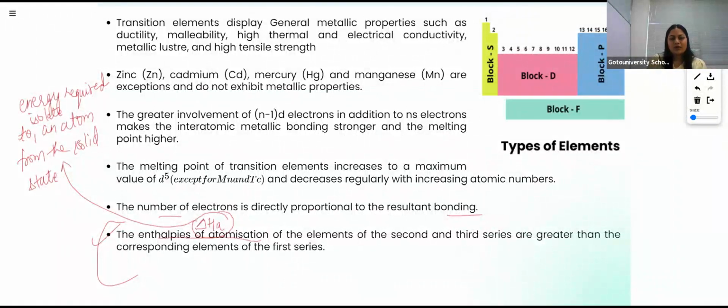So the enthalpy of atomization of elements of the second and third series is greater than the corresponding elements of the first series. Now why does this happen? If I draw the enthalpies here, for 3d elements the enthalpy of atomization goes like this. This is for 4d and this is for 5d.